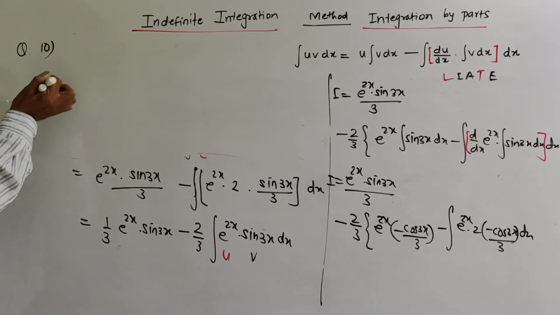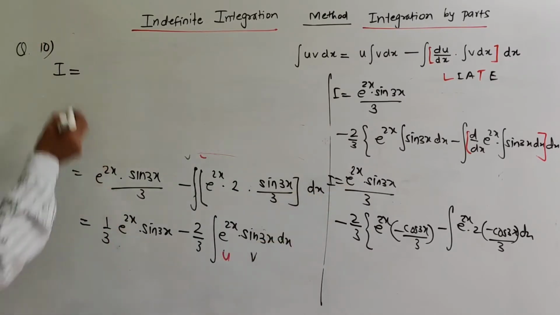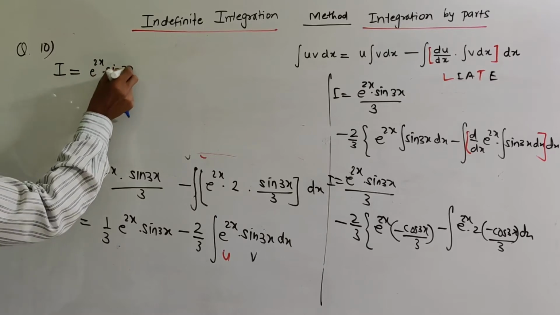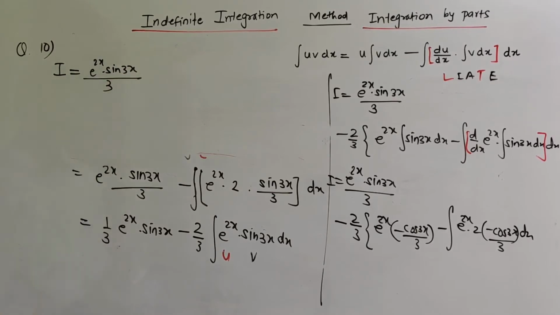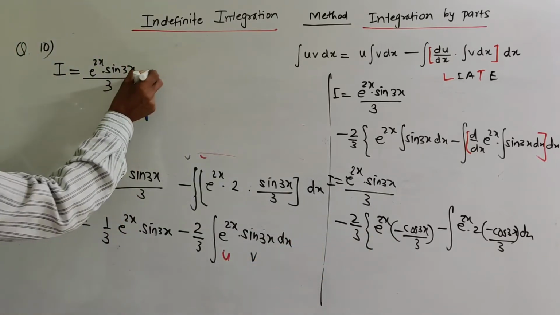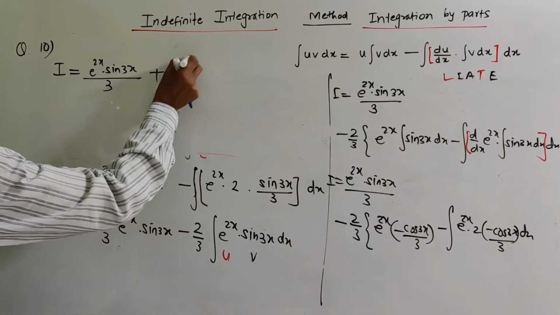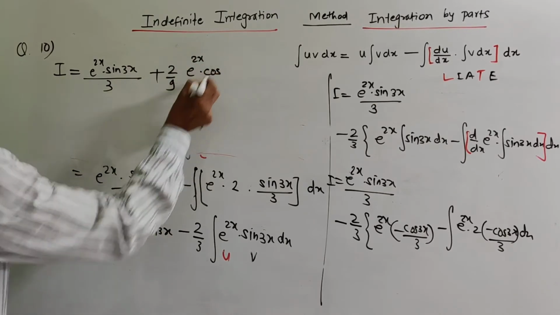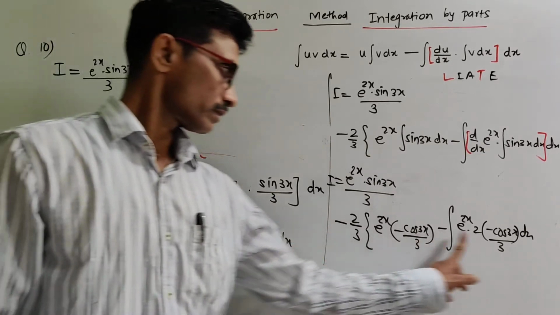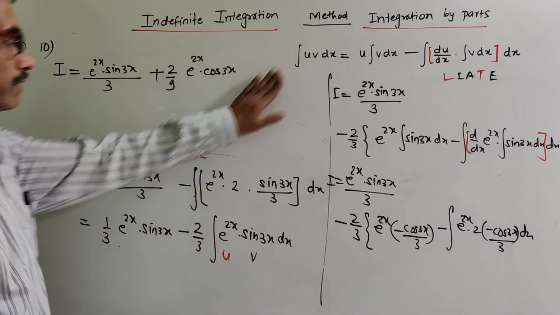We have started with I. Integral I is equal to e raised to power 2x sin 3x upon 3 minus, and this minus will become plus 2 by 9 e raised to power 2x cos of 3x. Minus sign, 3 times minus sign, so it will be minus only.